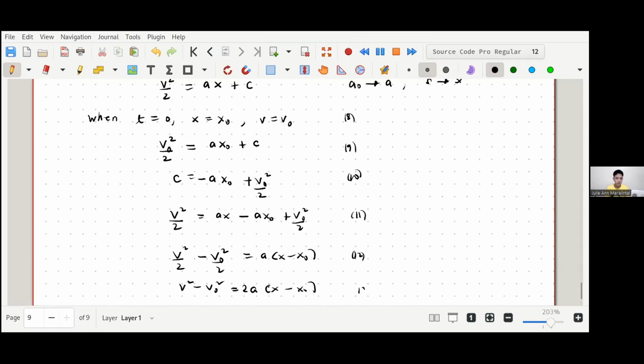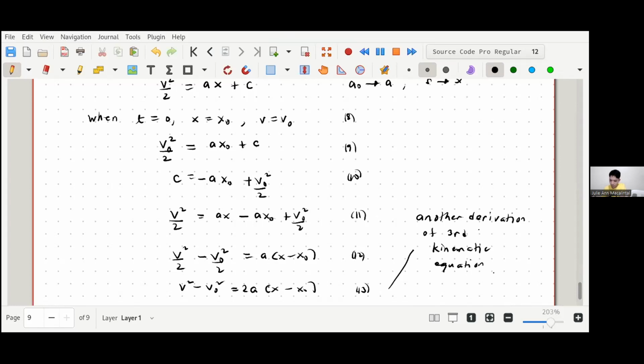So this is another derivation of the kinematic equation, by using the chain rule and then integrating with respect to v and x.